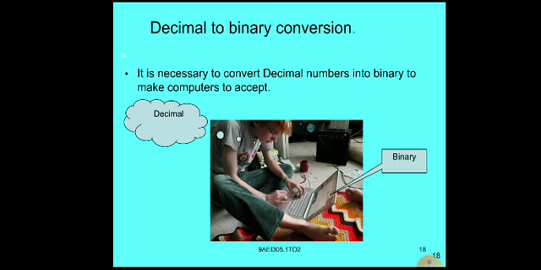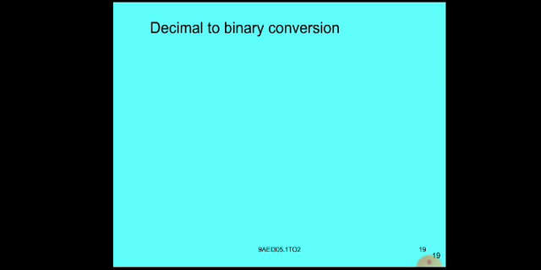So our known system must be converted into the binary number system to be processed by digital systems. Only after conversion can they understand the binary numbers.